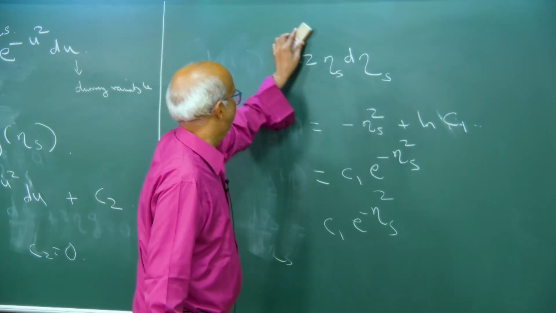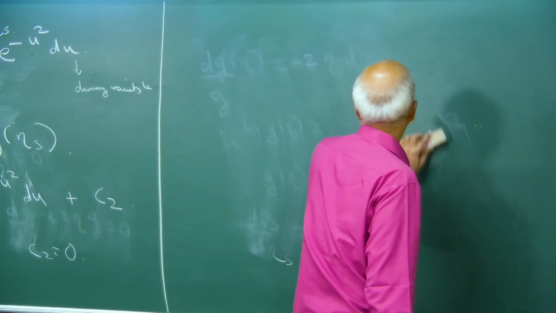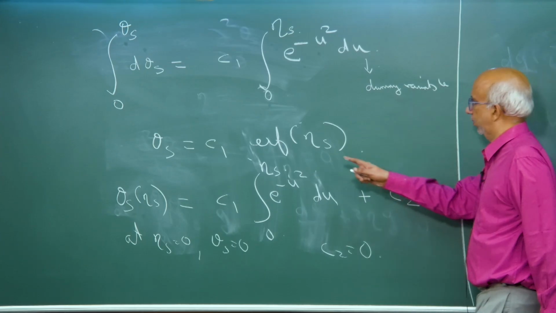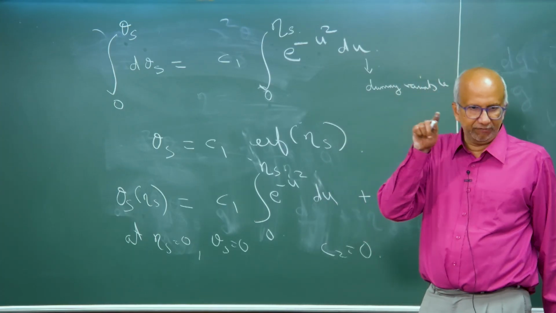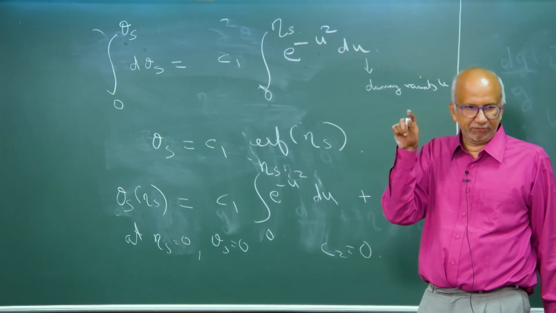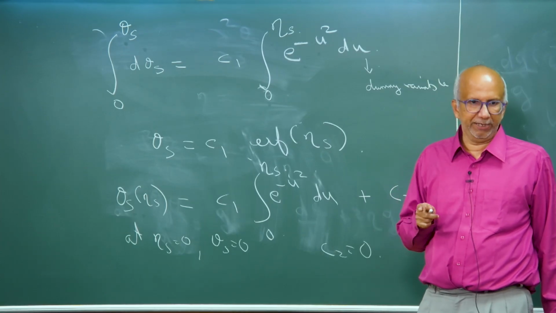So, now we need to figure out what this constant C1 is. For that I need to put the other boundary condition, which is at the interface, at the freezing front. What is the temperature? Temperature is going to be the melting point theta m.